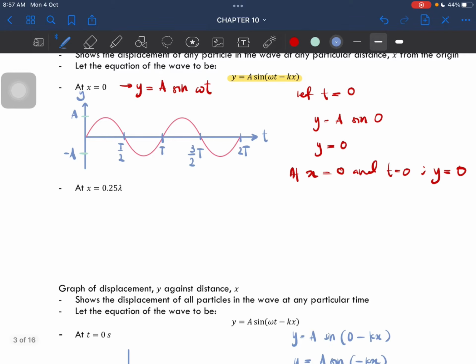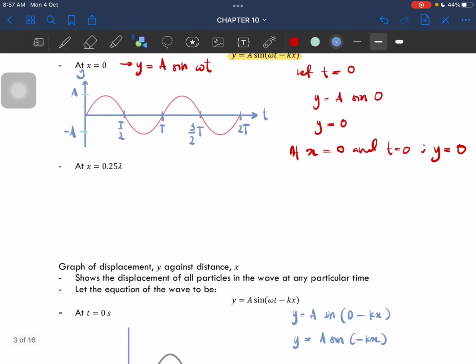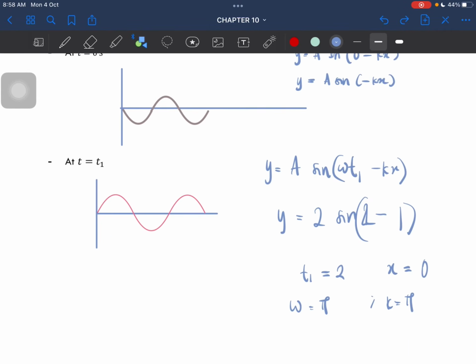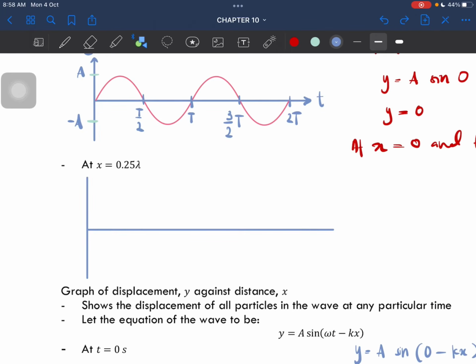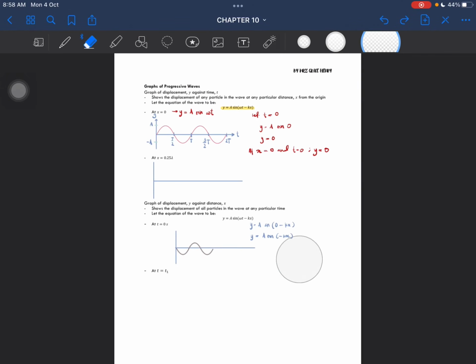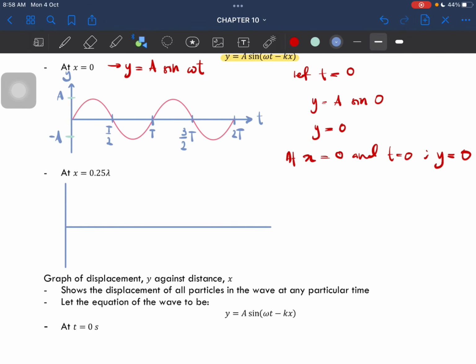And then let's look at when x now is equal to 0.25 of the wavelength. If it is 0.25 of the wavelength, what will the graph look like?